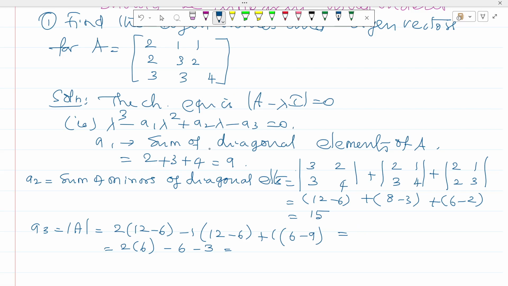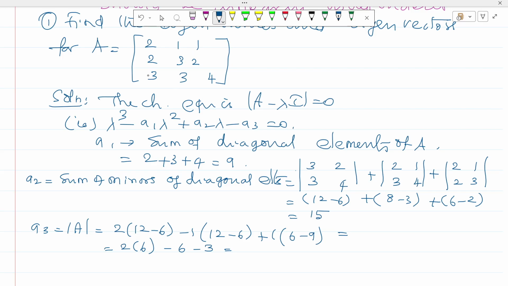Are you doing this problem? Once again I can write it: 2 1 1, 2 3 2, 3 3 4, is correct. 12 minus 6 is correct.